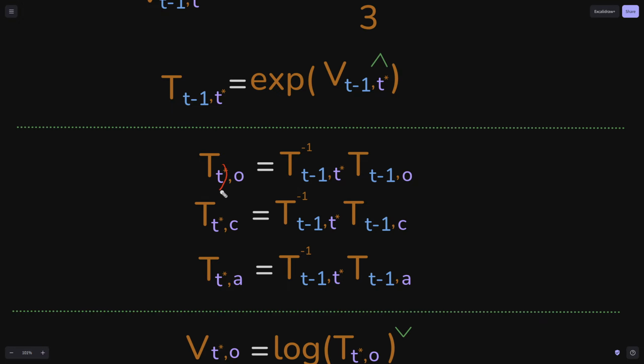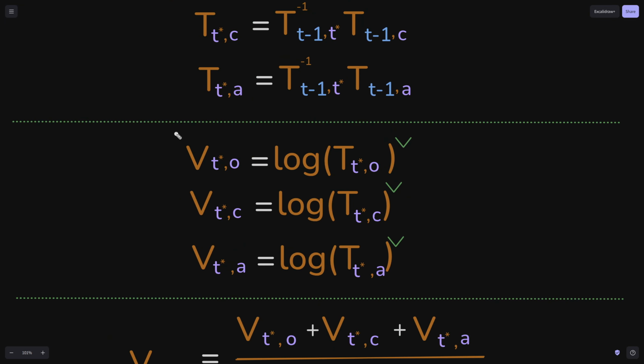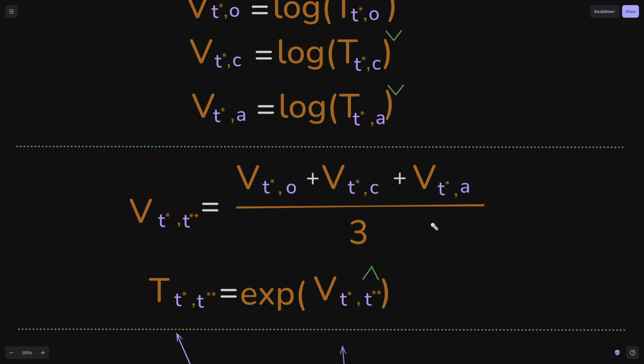And we are going to do exactly the same, but now we are much closer to t. What does it mean? If we do the linear approximation, it will work even better because it's less nonlinear, since we are closer. Okay? So we do the same. We take the Lie algebras and we do the average. And let's notice, from t star to t star star. So t star will be close to t, and t star star will be very, very, very close to t.